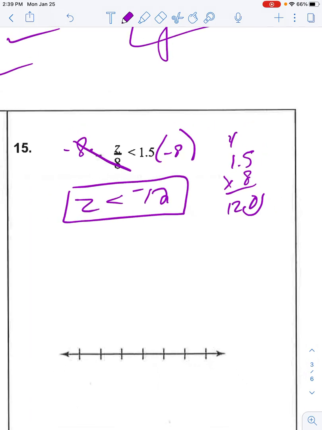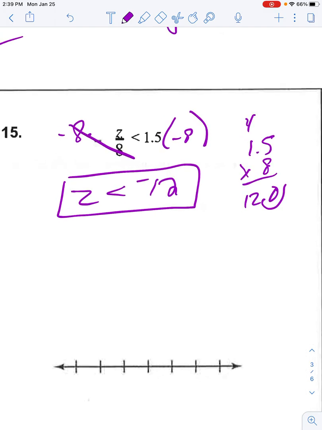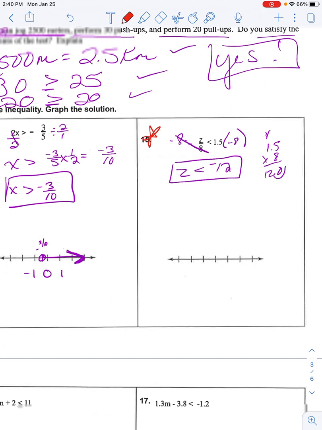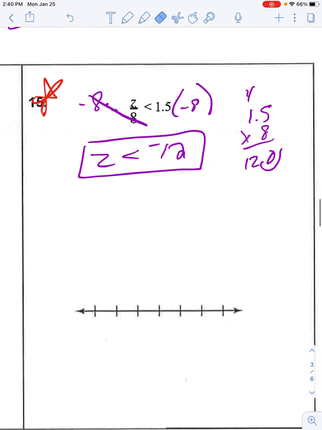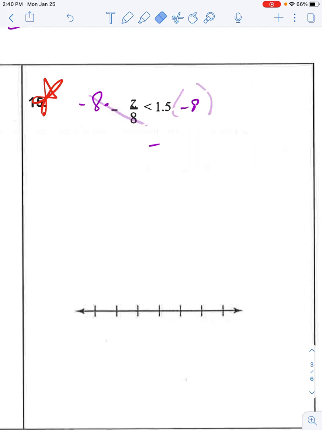Z is less than a negative... Ooh, go back, go back. I'm going to put this in red, alert. I just multiplied by a negative, guys. And what happens when you multiply by a negative? You flip the sign. Let me go back and do this again.